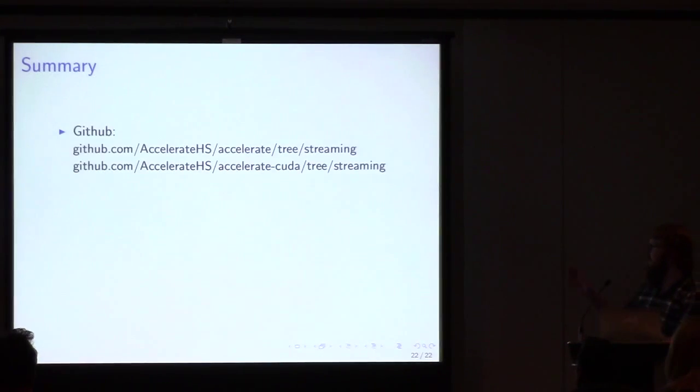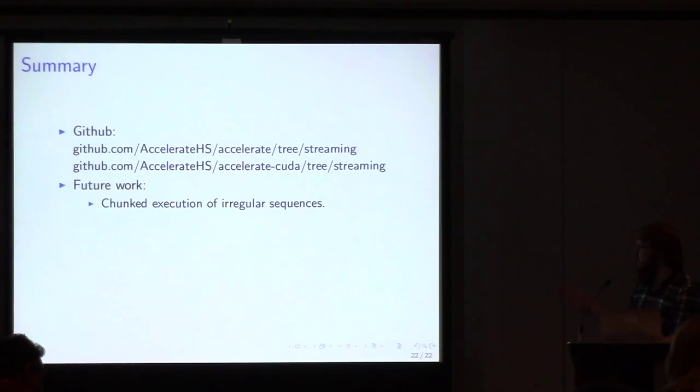Okay, so just to summarize, here are the GitHub repos. They're still in a somewhat experimental state, so you have been warned. Some future work: we want to get this irregular chunking right. We know how to do the lifting with irregular chunks, basically. We just need to figure out how to do the scheduling and picking the chunk size. We want to have scan. We have a scan, but it's horribly inefficient.